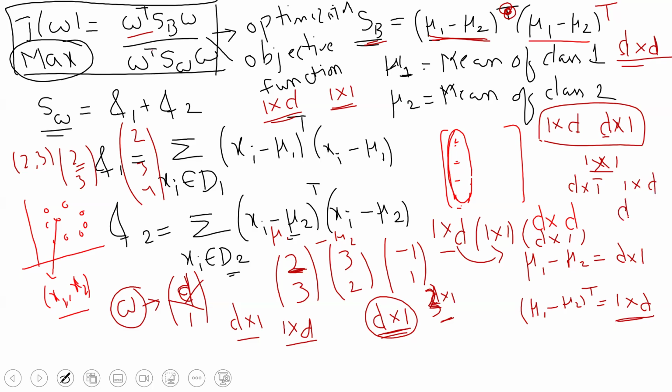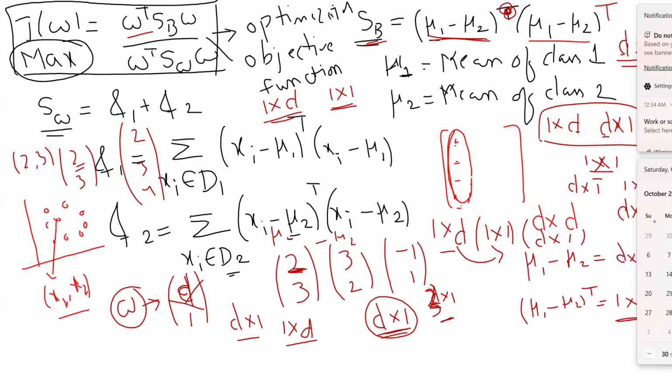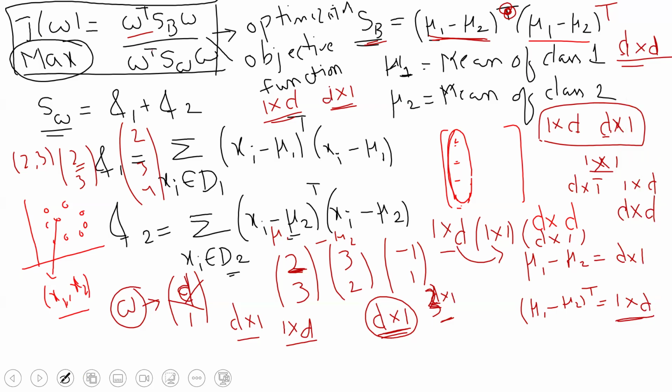So that becomes a d by d matrix. When this is a d by d matrix, 1 by d into d by d can be multiplied into d by 1. So this is 1 by d, this is d by d, this is d by 1. So this all becomes 1 by 1, which is a scalar value.